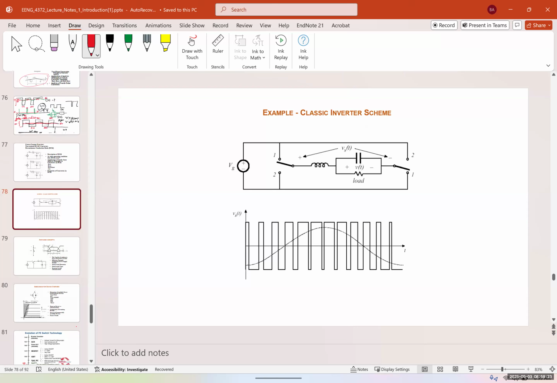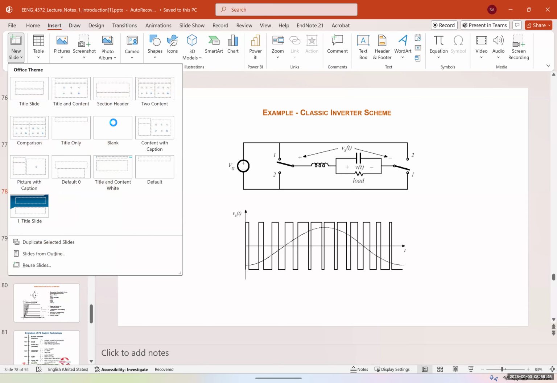Now, this, as I mentioned, is an example of a classic inverter. And as I mentioned, pulse width modulation can be used both in DC to DC, and also DC to AC as well.